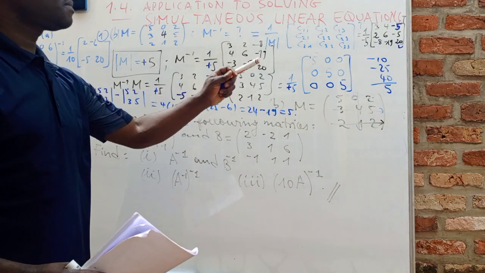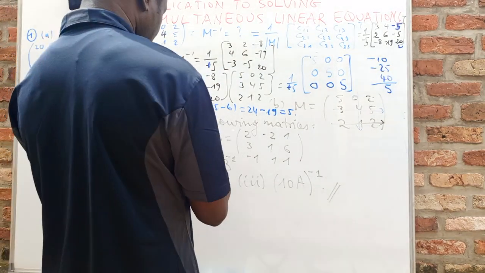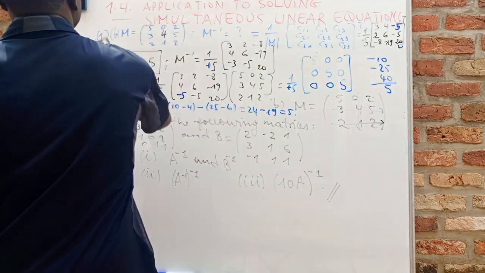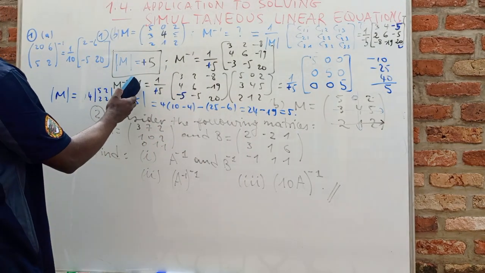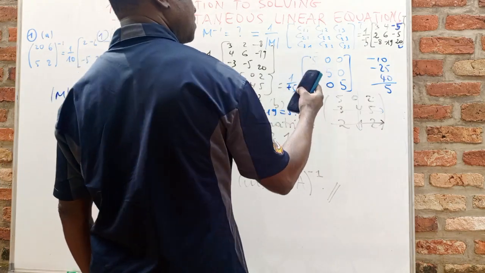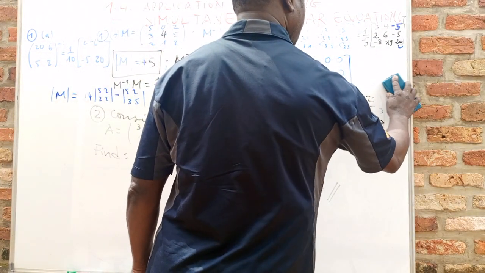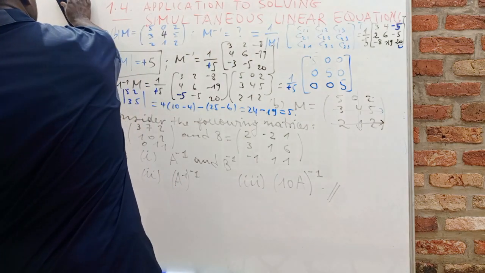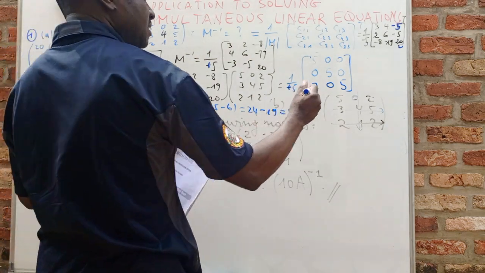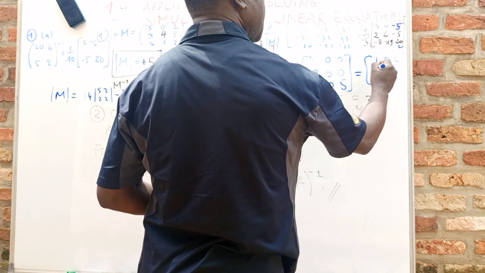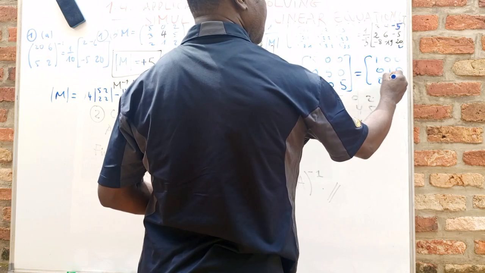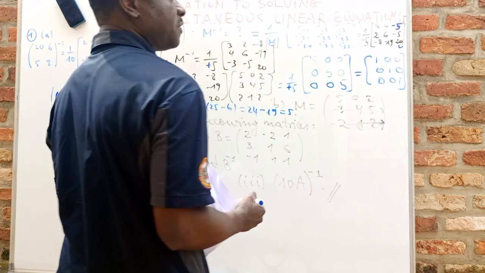So the result now, I'm sure of this result because the product M inverse times M is going to be equal to this scalar matrix, and this scalar matrix is exactly equal to the identity matrix of order 3.